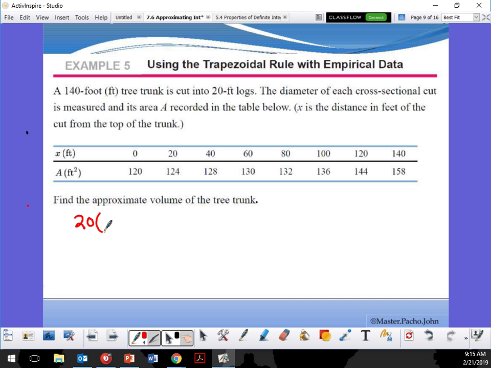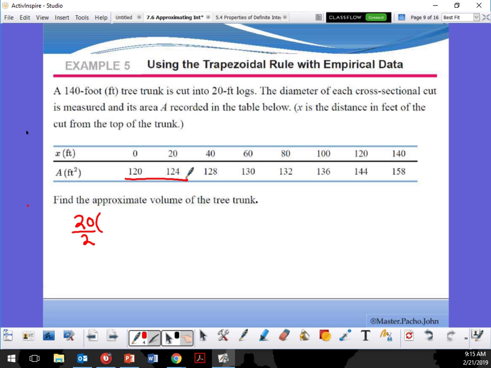And what else am I missing here? 1/2, right? So it's going to be over 2, and then it's B1 plus B2, my two bases of my trapezoid. So in this case it's going to be here.